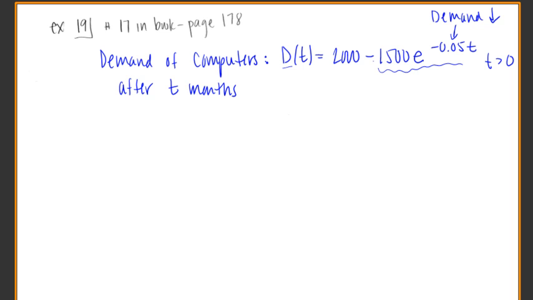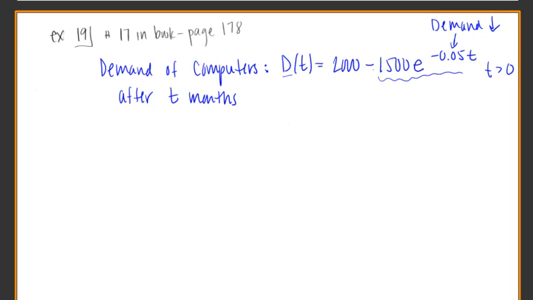Okay, so let's go to the question. What it wants us to do is graph this equation, and then after looking at the graph, find the demand after 1 month, after a year, after 2 years, after 5 years. I'm going to do the chart first. I'm going to find this information, and that's going to help us graph it.